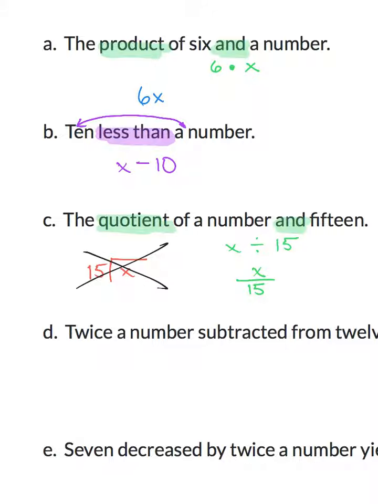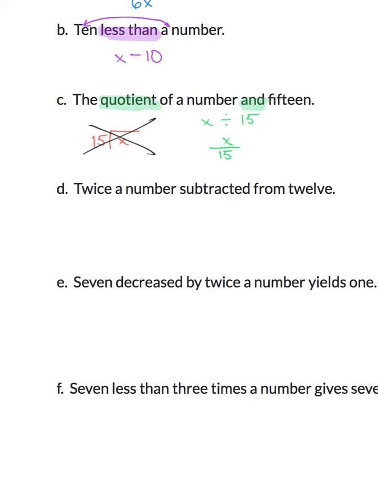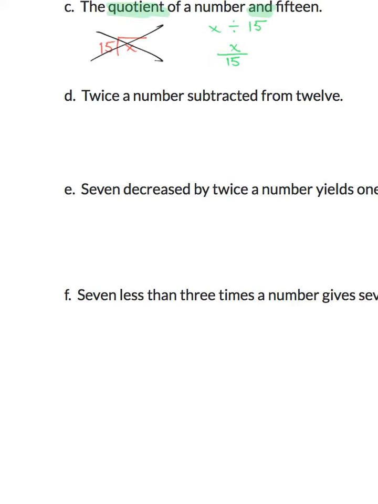Okay, so now let's look at some that are getting a little bit longer. If we look at example D, we have twice a number subtracted from 12. The first thing that I note is I see twice a number. Twice, recall, is a phrase that means multiply by 2. So what we have here is 2x.